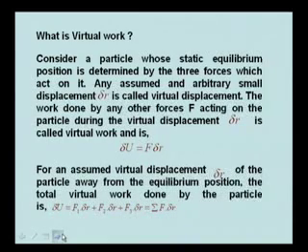Consider a particle whose static equilibrium position is determined by the three forces which act on it. For an assumed virtual displacement delta r of the particle away from the equilibrium position, the total virtual work done on the particle is delta U equals sigma F dot delta r.